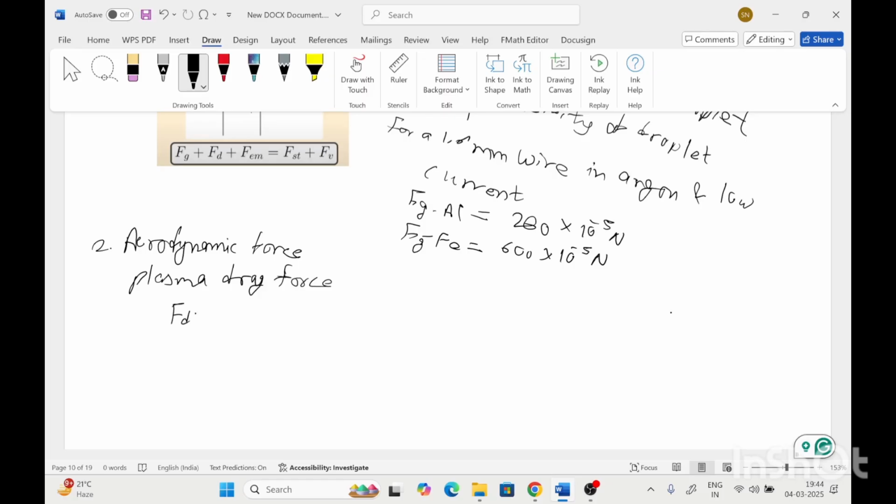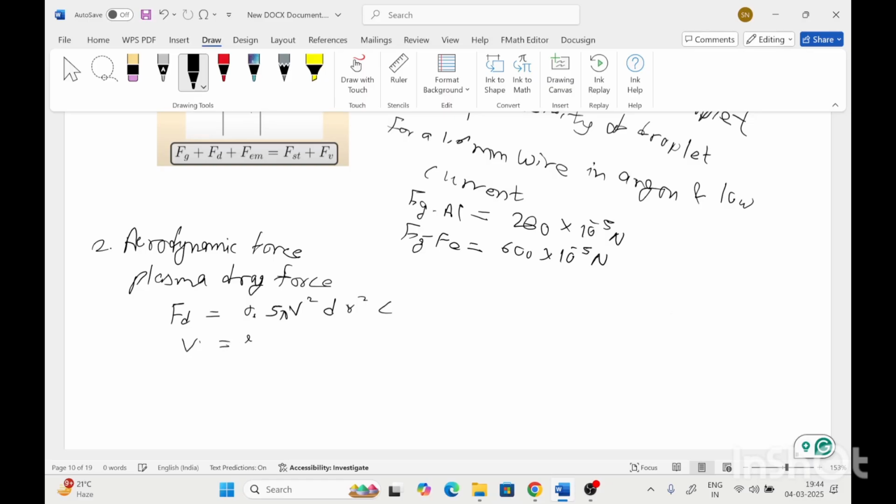The Fd formula is written as 0.5 pi v square d r square c.